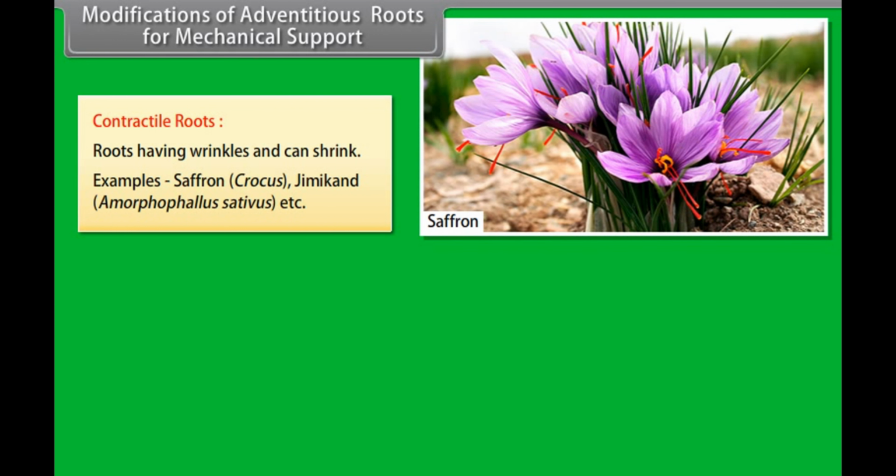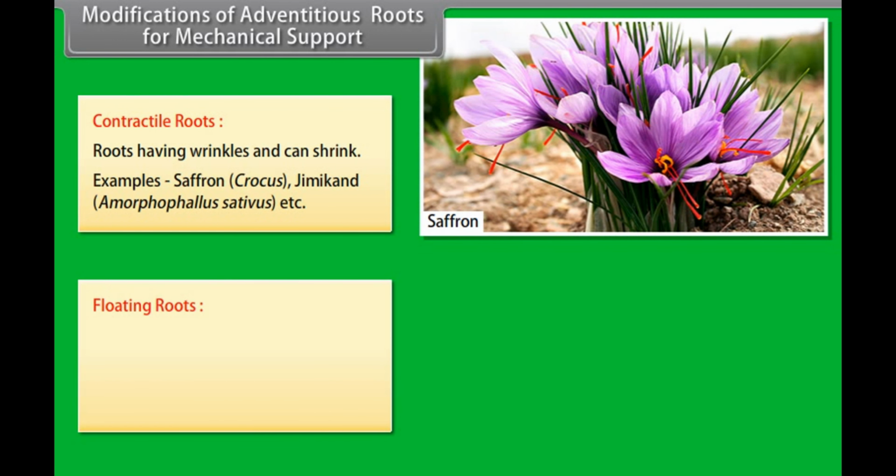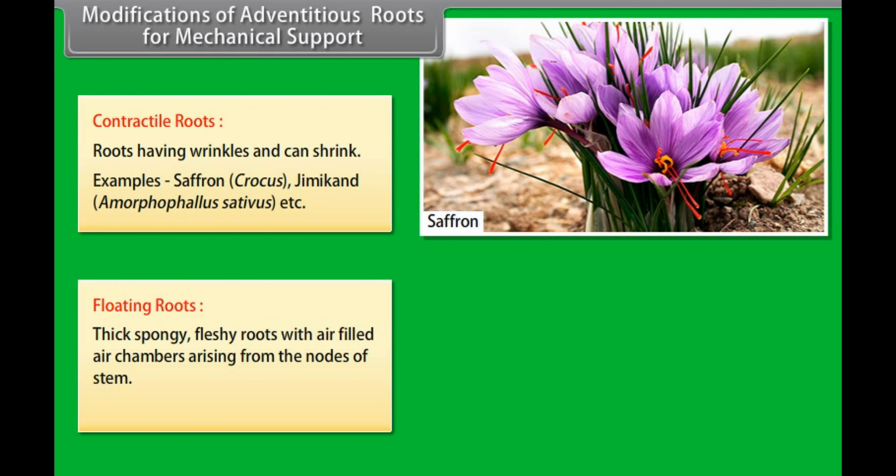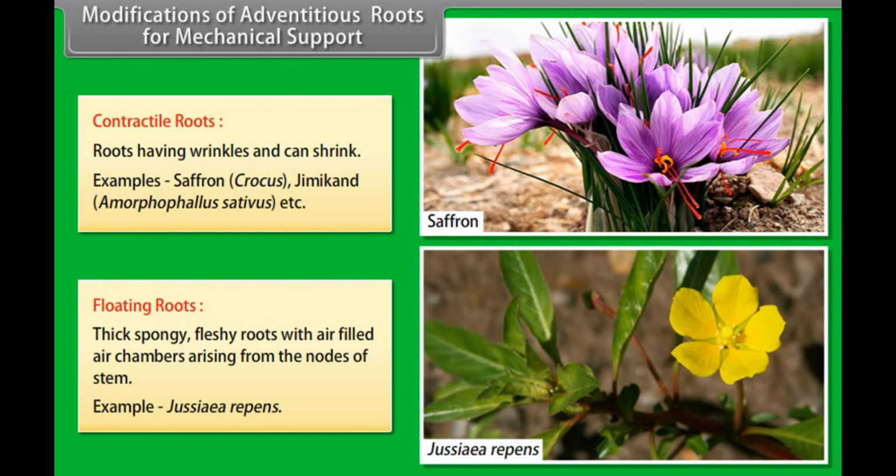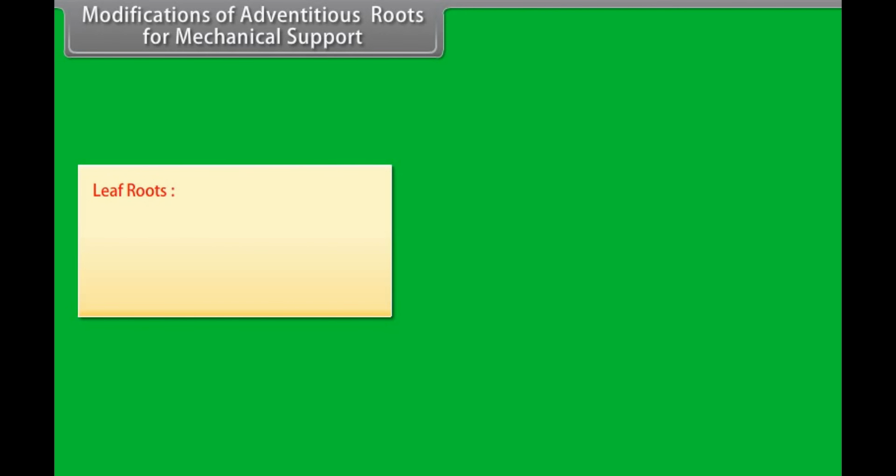Examples: saffron, jimmycand, etc. Floating roots: thick, spongy, fleshy roots with air-filled chambers arising from the nodes of stem. Example: Jussiaea repens. Leaf roots: roots produced on the injured margin of leaves.